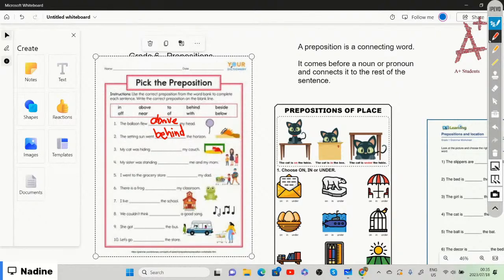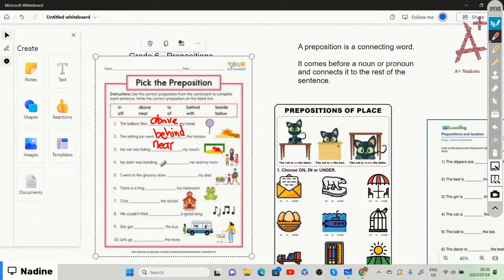So I'm not sure if that is in the couch, but we can't really see, or near the couch. Let's just say he was hiding near the couch, because not behind.